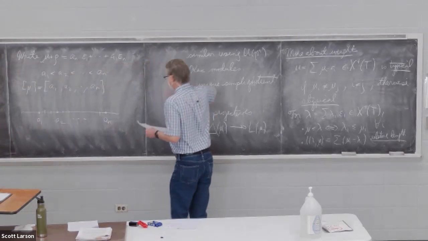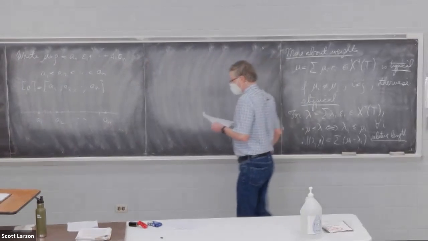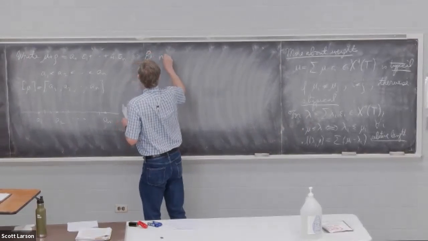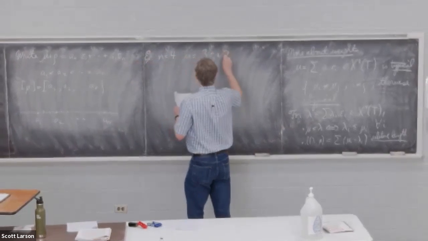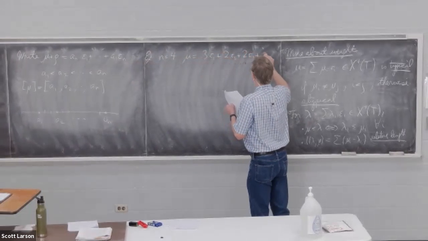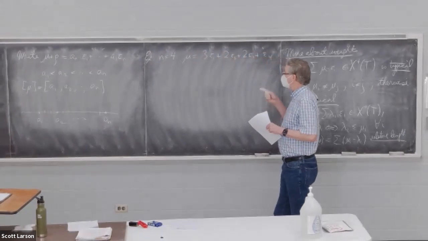So let me do an example. Let's say n equals 4, and I take mu to be 3 epsilon 1 plus 2 epsilon 2 plus 2 epsilon 3 plus epsilon 4. Remember, rho is like 3210.